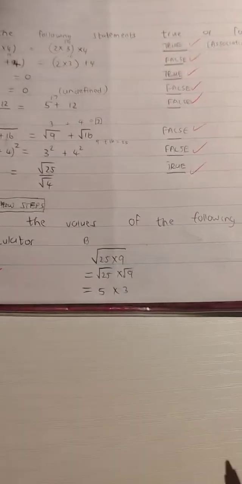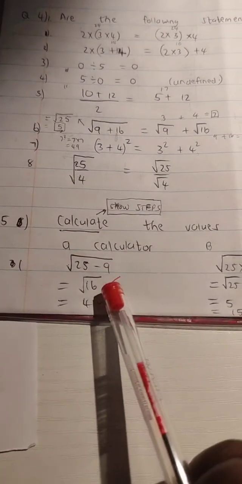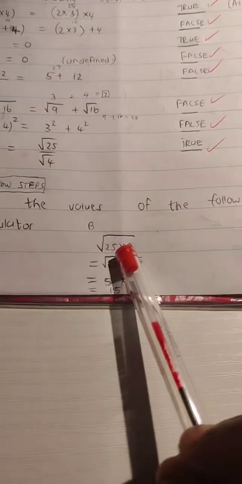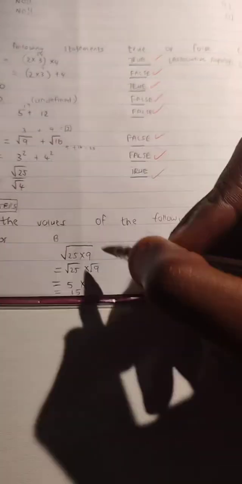Then what is the square root of 25? It is 5. What is the square root of 9? It is 3. And then 5 times 3 is 15. So this is what I mean by we cannot split the root for addition and subtraction, but we can definitely split the root for multiplication and division.